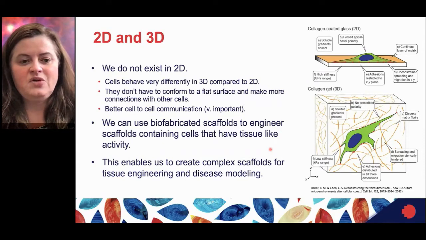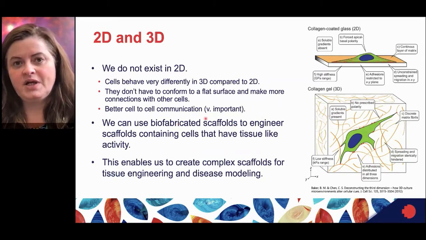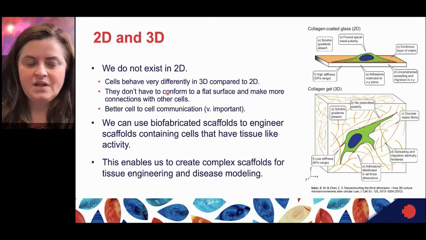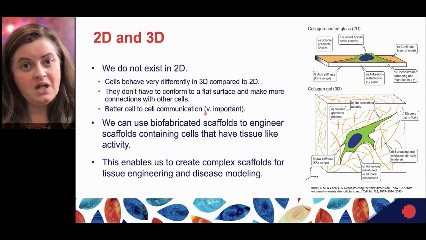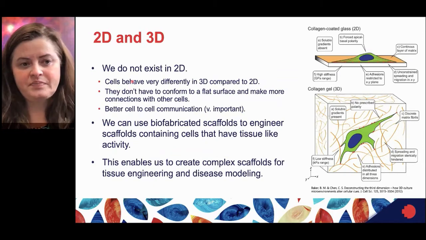So people have been moving into the area of biofabricated scaffolds and 3D tissues for cell culture and for tissue engineering and for modelling of diseases. So cells behave very differently in 3 dimensions.